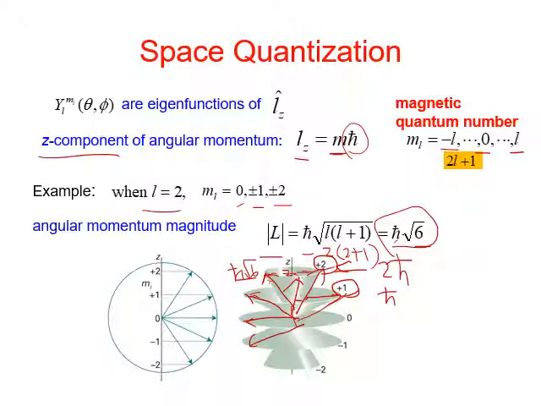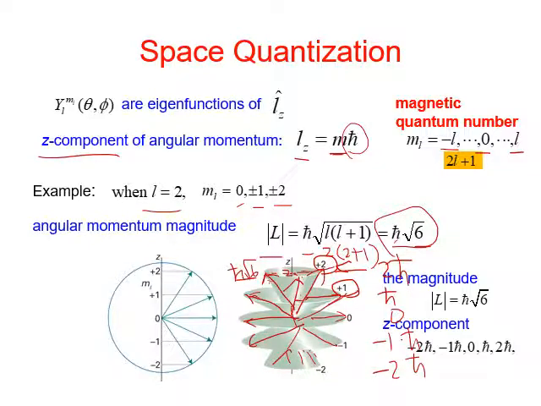The third cone is 0, the fourth one is negative 1 times h bar, and the last one is negative 2 times h bar. Although we don't know the x-y direction, we know the z component.